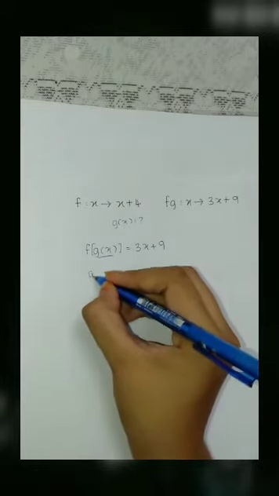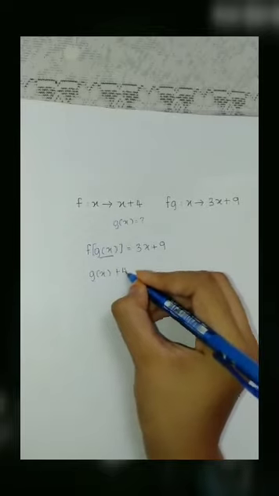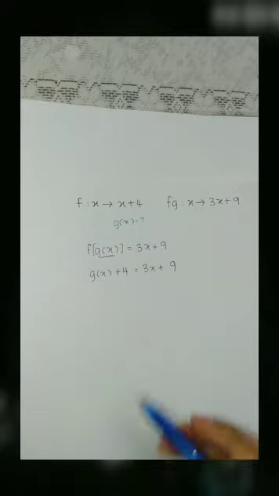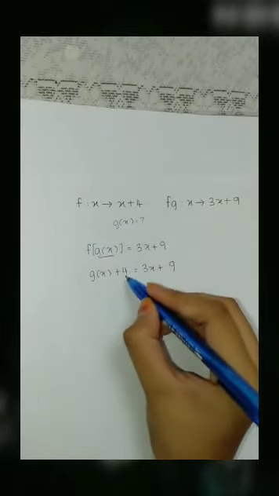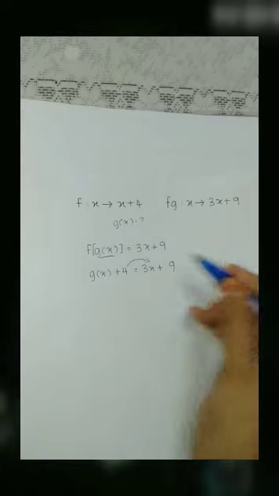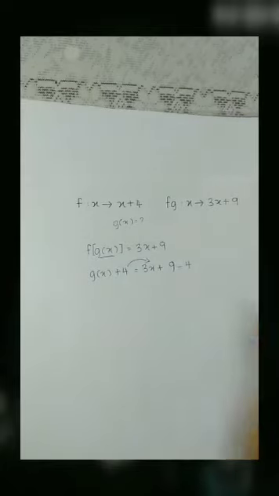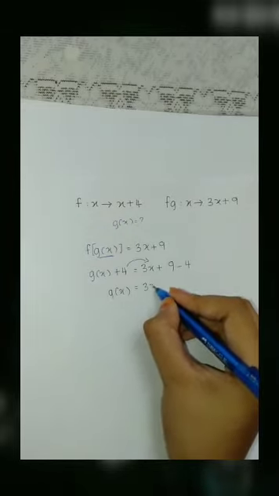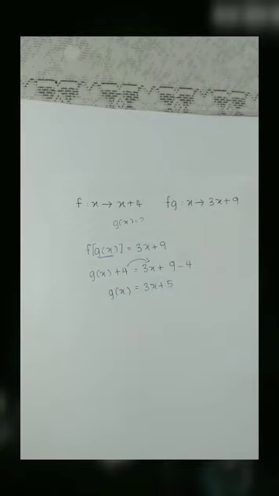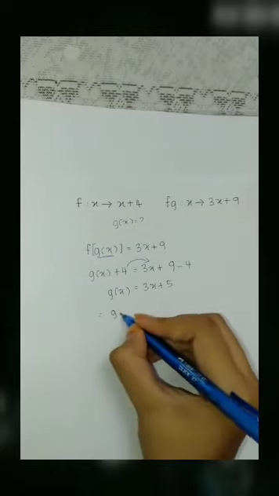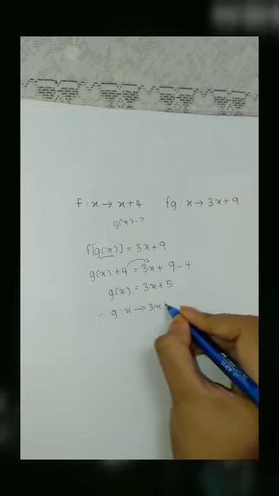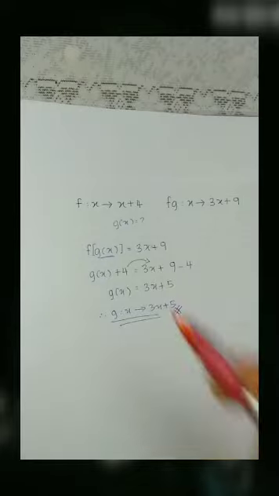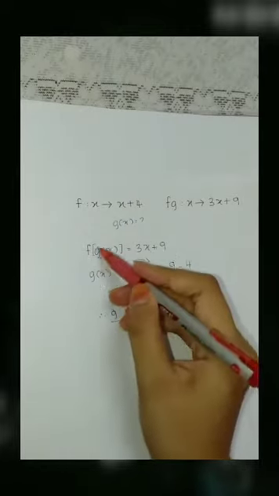So it will be like gx plus 4 equal to 3x plus 9. So we're gonna find gx, so we have to move this 4 to here, so it will be negative 4. So gx equal to 3x plus 5. Thus this is the final answer. It's plus 5. It doesn't matter because it is already located inside, so we just have to replace it in here.